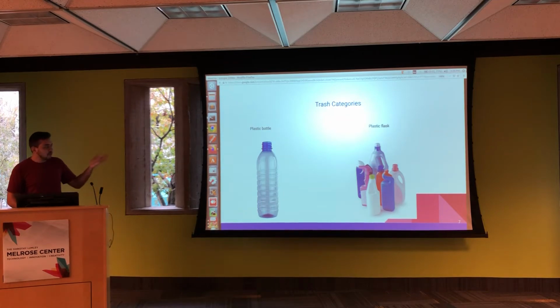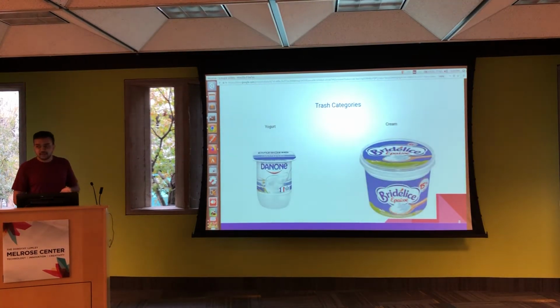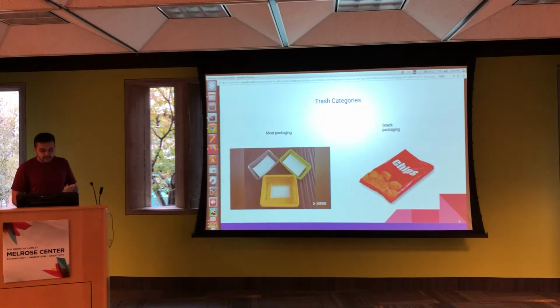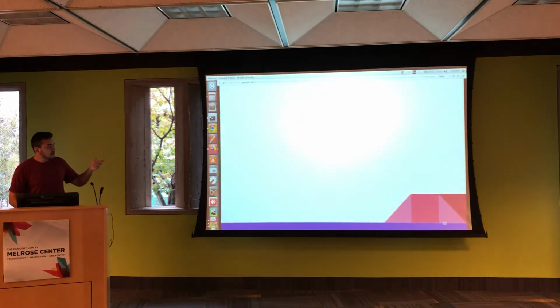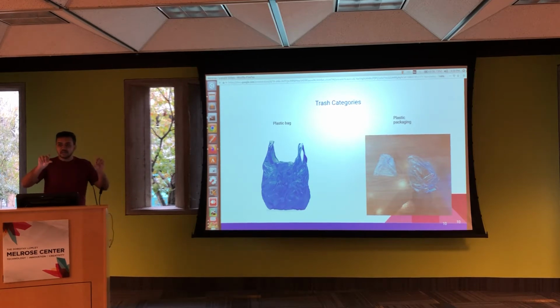This one is like we have plastic bottle, plastic flasks, then we have yogurts, creams, meat packaging, snack packaging, plastic bags, plastic packaging. So some of you might ask why we are segregating into so many classes of plastic. When we have any machine learning models, they tend to learn the way we learn things.